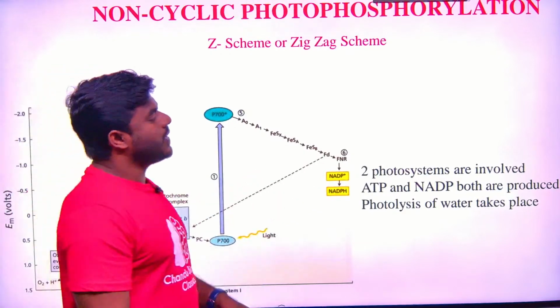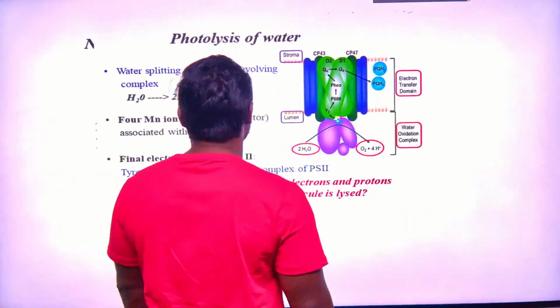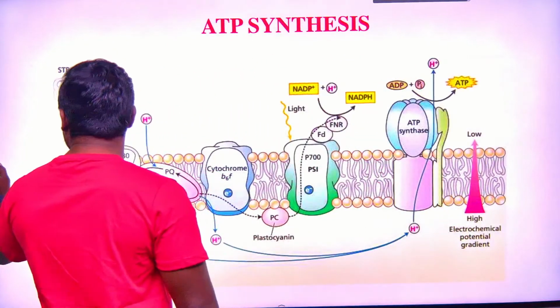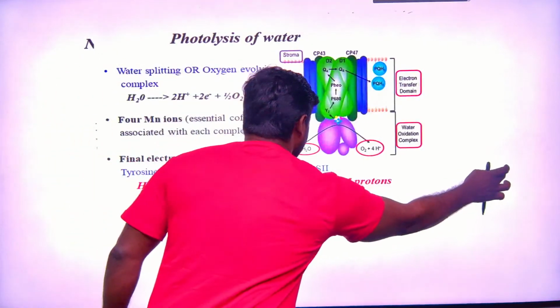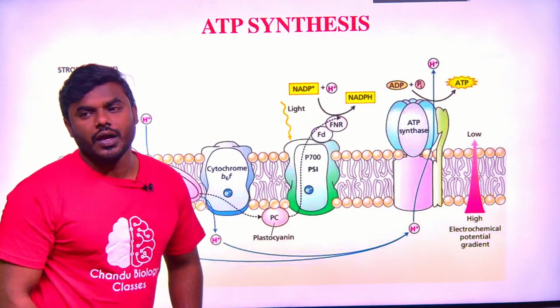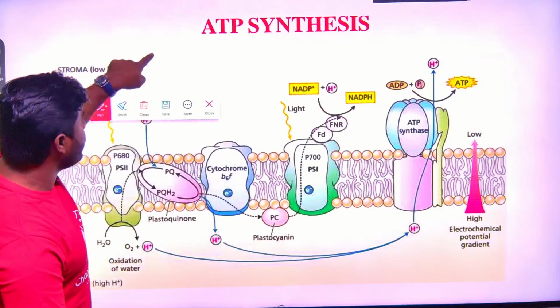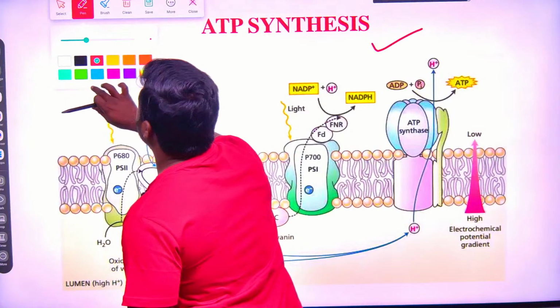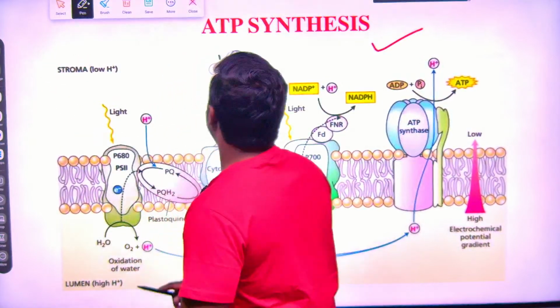But it was very clear that in non-cyclic photophosphorylation we also produce the major energy equivalent, that is, ATP. We will understand in an elaborate way how exactly ATP is produced in non-cyclic photophosphorylation.